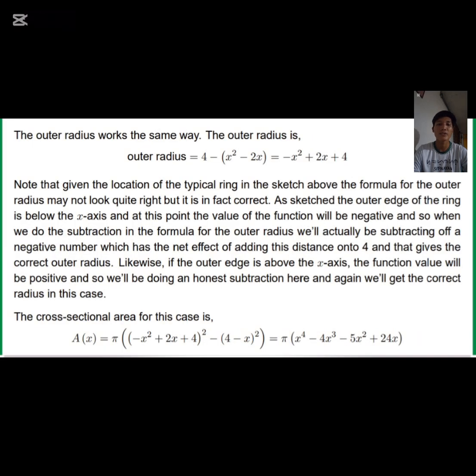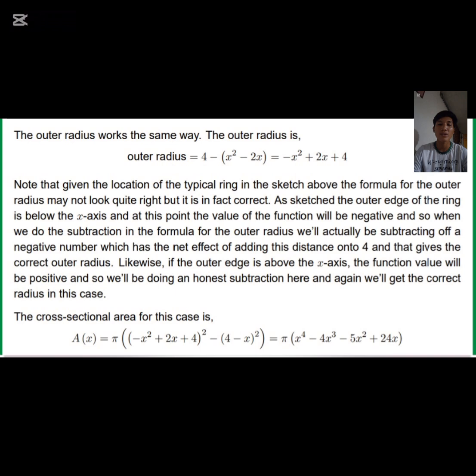The outer radius works the same way. The outer radius is 4 minus the quantity x squared minus 2x, which is equal to negative x squared plus 2x plus 4.